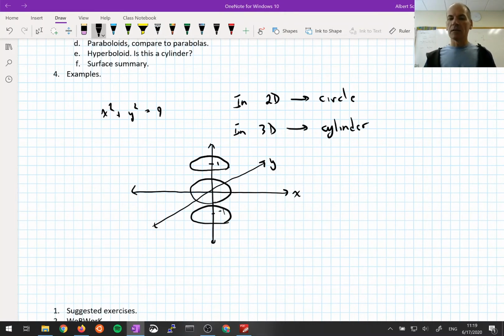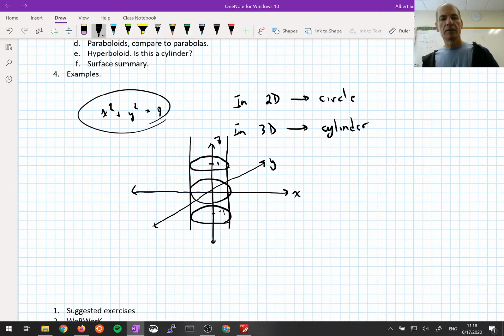Nothing special about 0 or 1 or -1 either as a z value. In fact, z can be anything. And so what you get is a cylinder. Any point on the surface of this cylinder will satisfy this equation. And that's why it has the form that it does. So that was exercise 304.